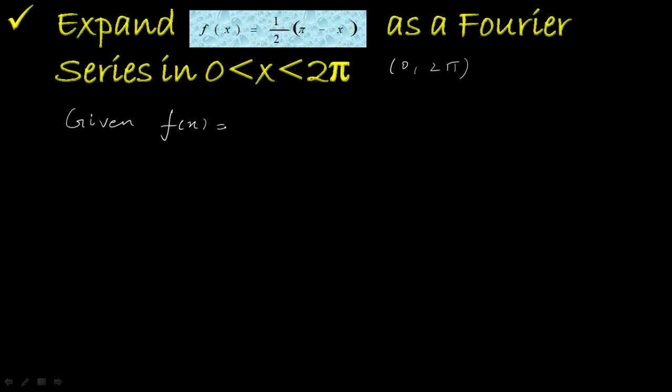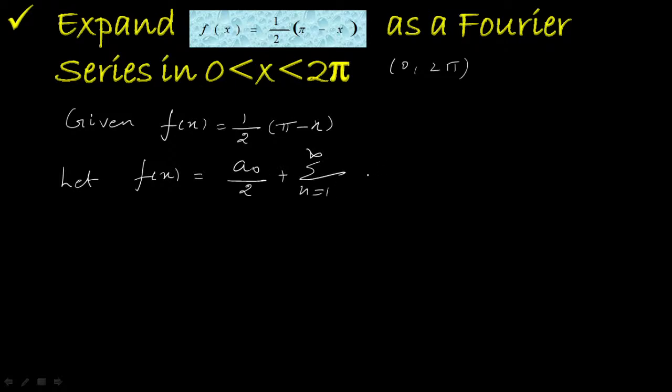Given f of x is equal to 1 by 2 into pi minus x. So now, first let me write the Fourier series expansion of the given function f of x as a naught by 2 plus sigma n is equal to 1 to infinity a n cos nx plus sigma n is equal to 1 to infinity b n sin nx.